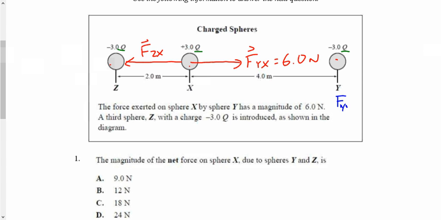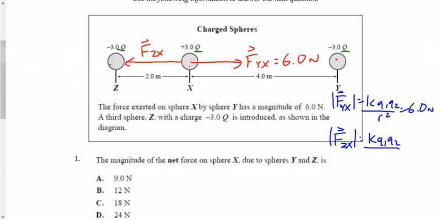My original force before I make any changes is k q1 q2 over r squared, and it's equal to 6.0 newtons. My new force, or Fzx, is equal to k times, once again, q1 q2, because the charges involved in Fzx are exactly the same as the charges involved in Fyx.